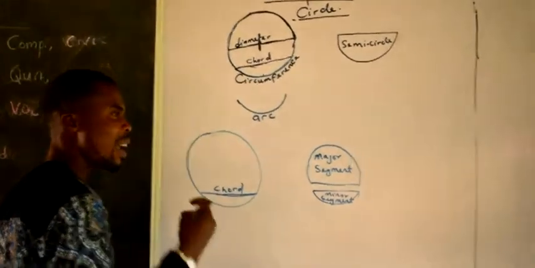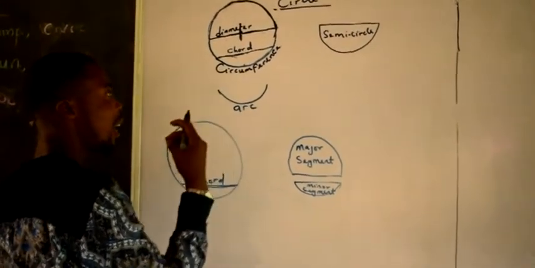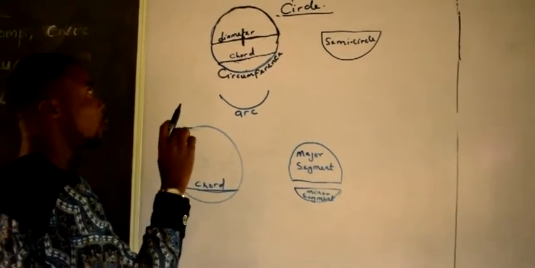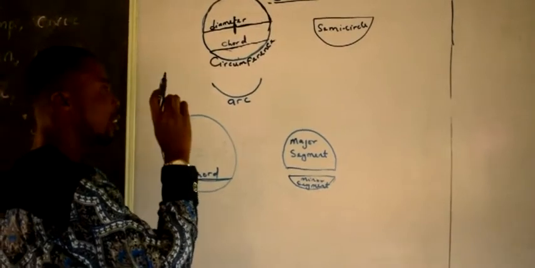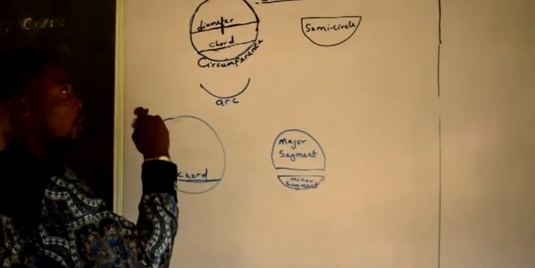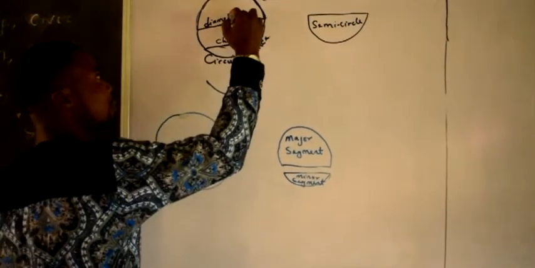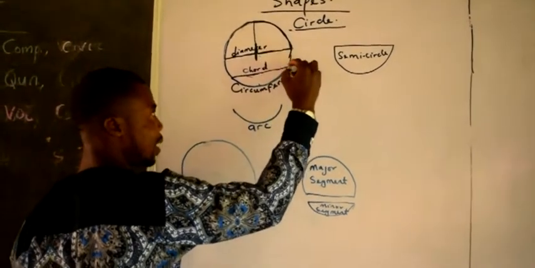It can be from anywhere on the circumference. Any line that comes from the center of the circle and touches the circumference is called the radius, irrespective of the position of the line. It could be standing upright, it could be slanted like this.